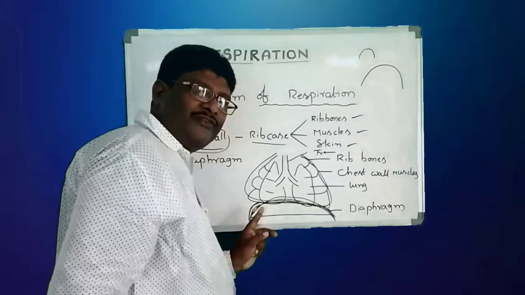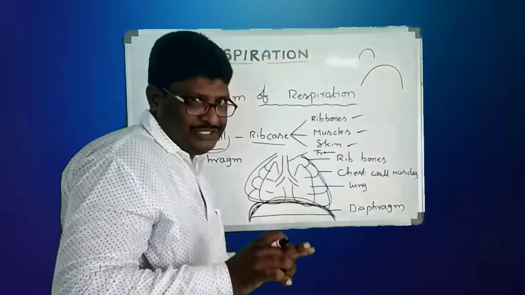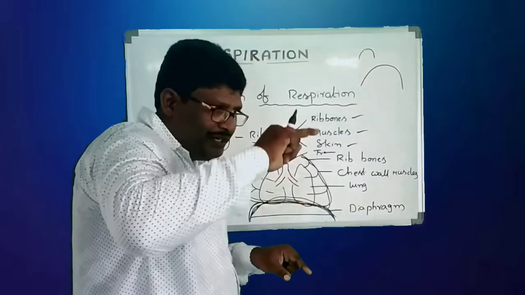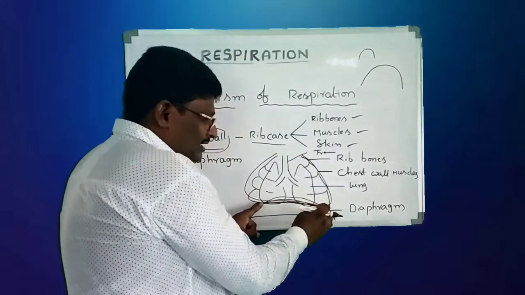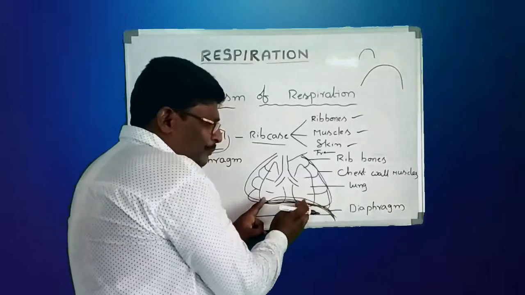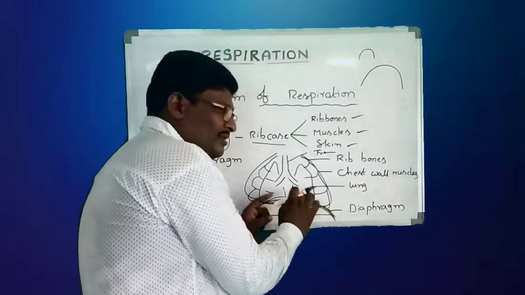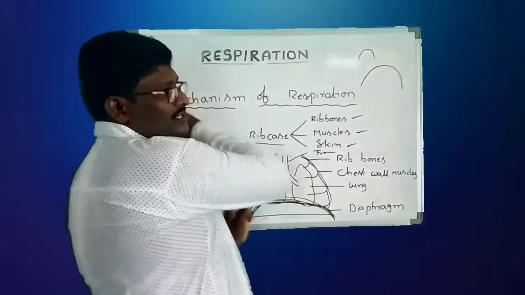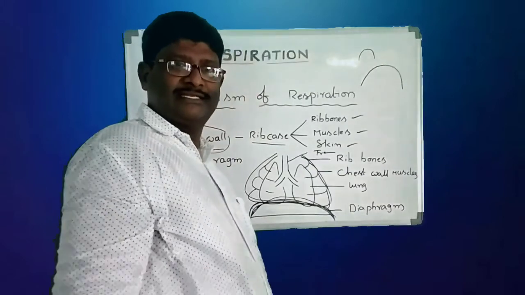When the diaphragm goes up into its normal position, it forms a dome shape, and because of this dome shape the diaphragm pushes the lungs. When the lungs are pushed by the diaphragm, the air is automatically sent out into the atmosphere from the lungs.